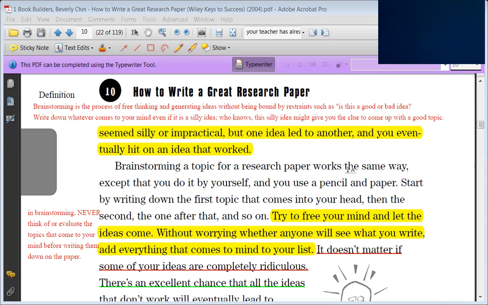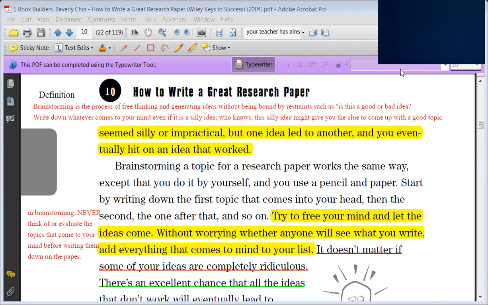I'm trying to go back to brainstorming because it is of great importance as a technique used to decide or choose the right topic to write about. So here on page 10, we have the definition of brainstorming. Brainstorming is the process of free thinking and generating ideas.